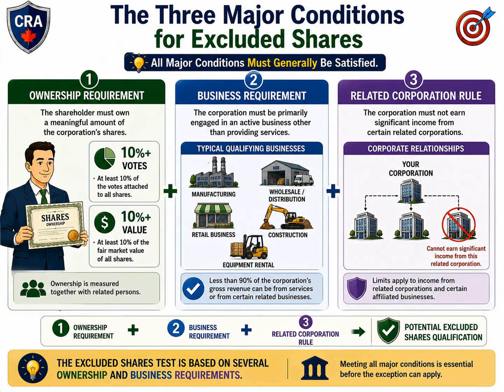The excluded shares test is based on a combination of ownership requirements, business activity requirements, and related corporation rules. When all of these major conditions are satisfied, the shareholder may qualify for the excluded shares exception, allowing dividends to potentially avoid the TOSI regime and receive normal dividend tax treatment.